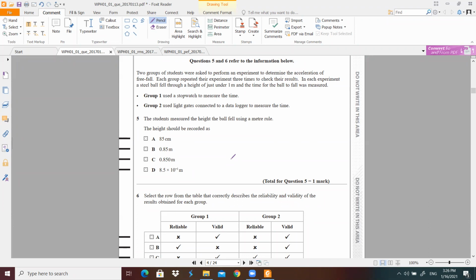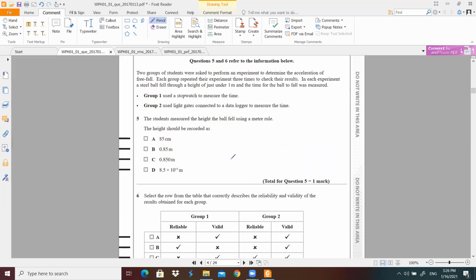How do I answer questions like this? The rule of thumb would be the measuring device that you're using. Let's say a meter rule. If I ask you what is the scale of the meter rule, it's 100 centimeter. The entire length of a meter rule is 100 centimeter because 100 centimeter makes 1 meter.